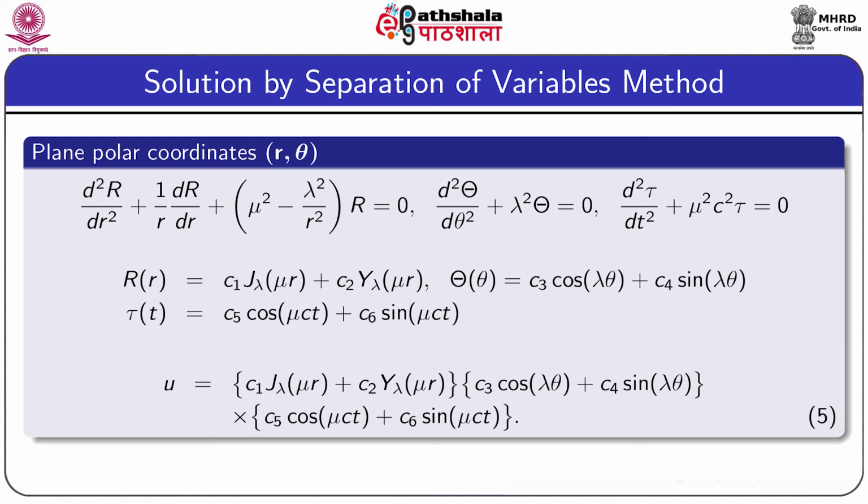Again, if we look at the solution written here, we know that the Bessel function of the second kind, denoted by Y lambda, is undefined at r equals 0. Therefore, for this physical problem, we need to consider C2 equals 0.